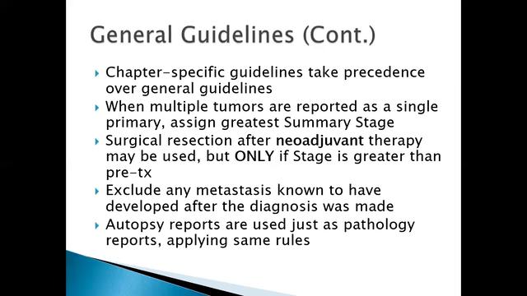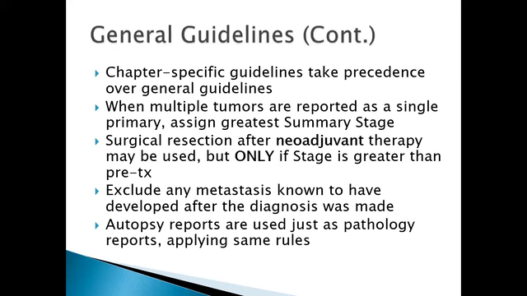Then we are going to assign the SEER summary stage as a 4 because the patient had direct extension of the primary tumor and positive lymph nodes noted surgically, even though it was after neoadjuvant therapy. It doesn't matter because it was worse than what it was expected or thought to be. So then it would be summary stage 4, okay?